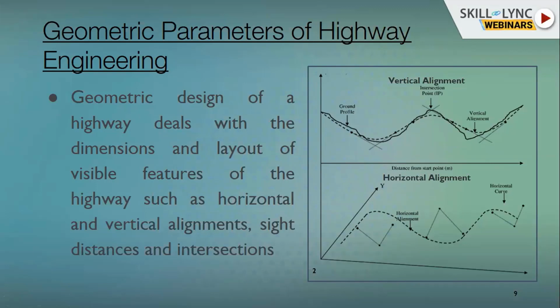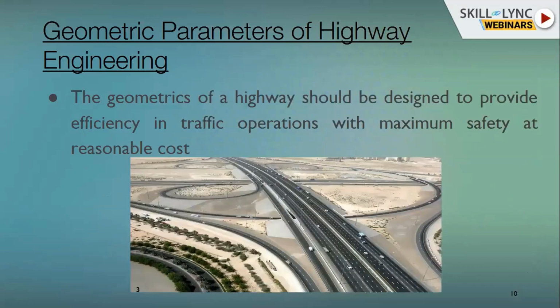Again, this depends on the classification of the road or the terrain of the road, I would like to say. If you are designing a vertical alignment in a plain area, we can give that much minimum grade, or if you are designing it in a hilly section, it will be a completely different ball game. So all those factors come into play in these geometric designs of highway engineering. Why we need to give this geometry is an important factor, because it plays a very important role in designing the safety of a traveler on the road.